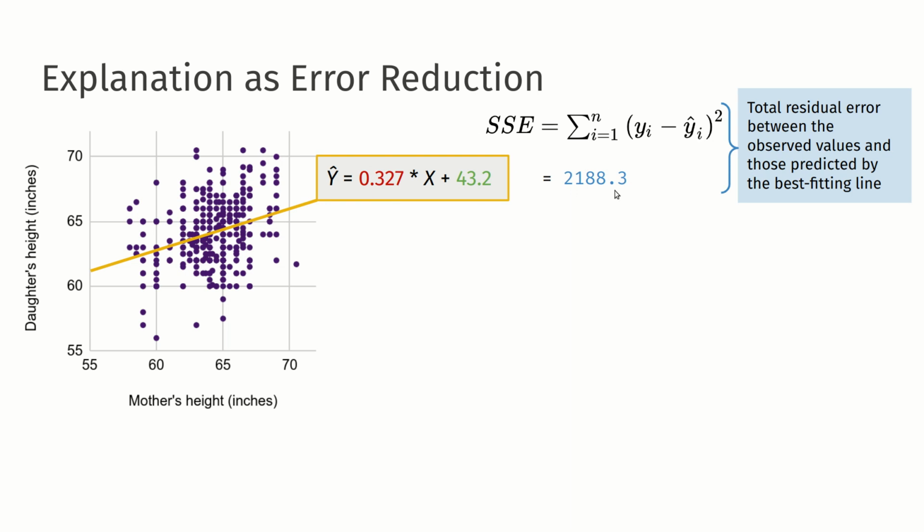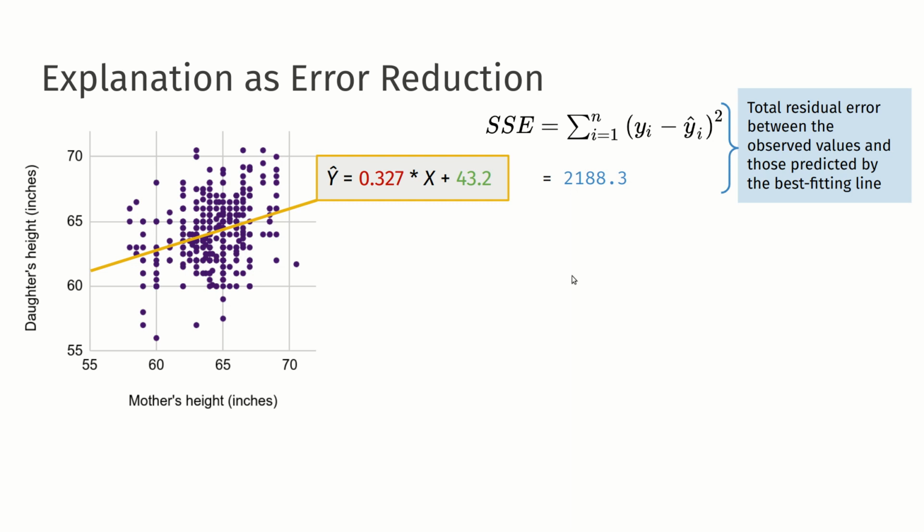Now, I mentioned that we can use the same concept of thinking about explanation as error reduction, just like we saw with analysis of variance, but now we can apply that idea to linear regression. To do that, we can first count up the total residual error between observed values and those predicted by the best fitting line.